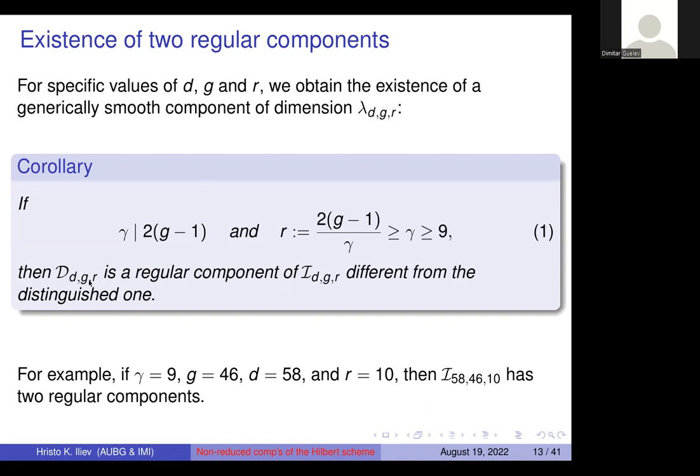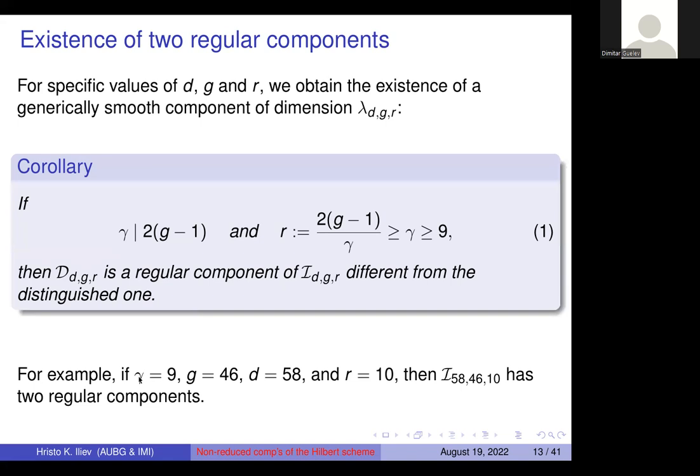First of all, we have the one that is my favorite, that for specific values of R, we get that the Hilbert scheme I_{D,G,R} gets a second regular component, in addition to the so-called distinguished one that I have discussed at other lectures here of the seminar.